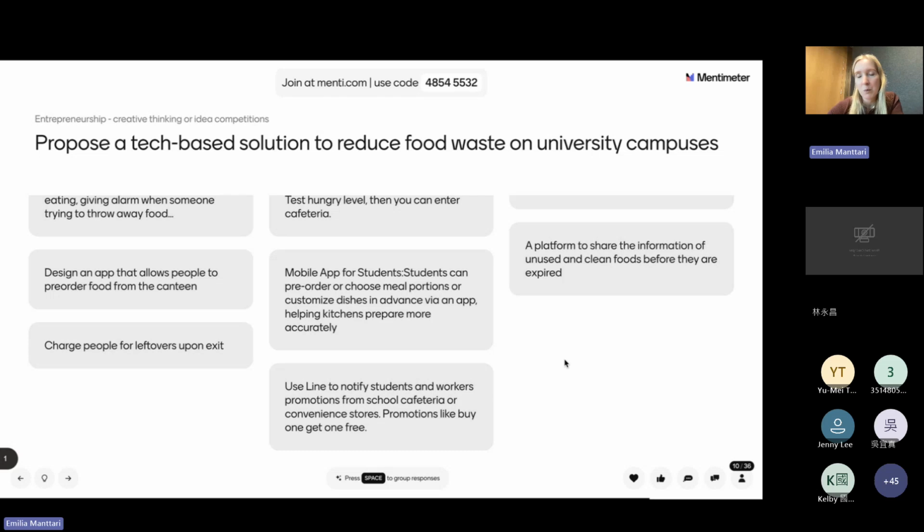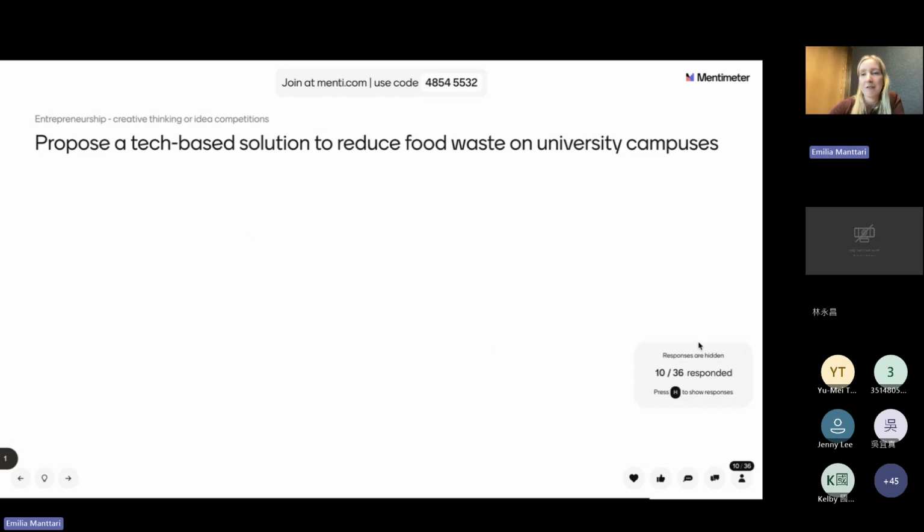And here again, one way that you can run this exercise is, for example, if you first hide the responses, so then everyone is really brainstorming on their own and thinking what ideas they might have. And then once you've given people enough time, say 5 minutes, think individually and submit any thoughts that you get.